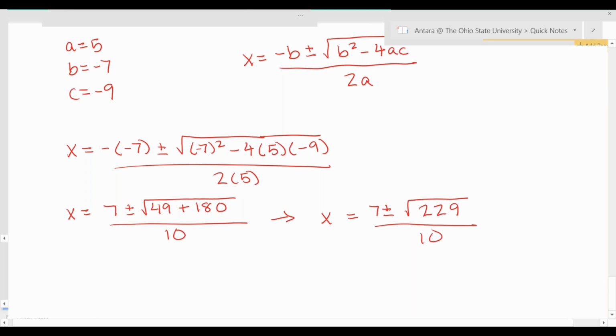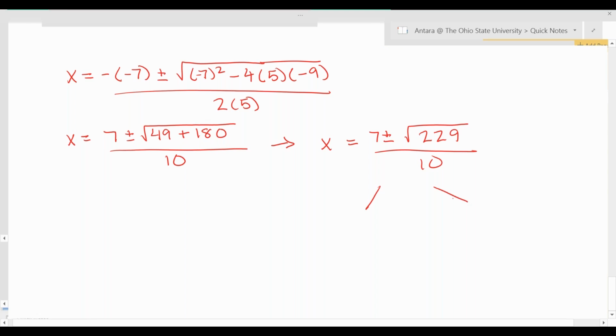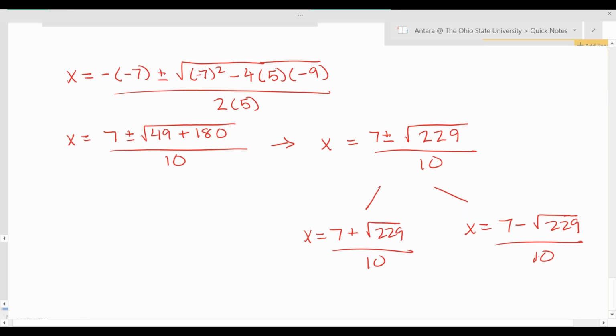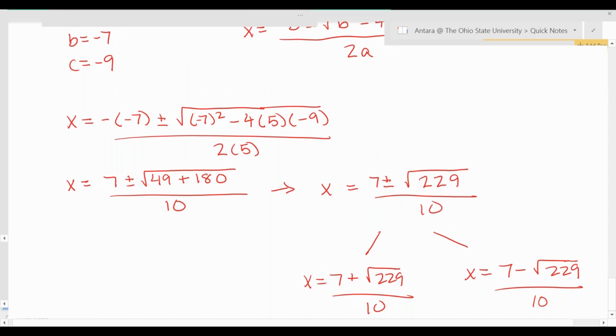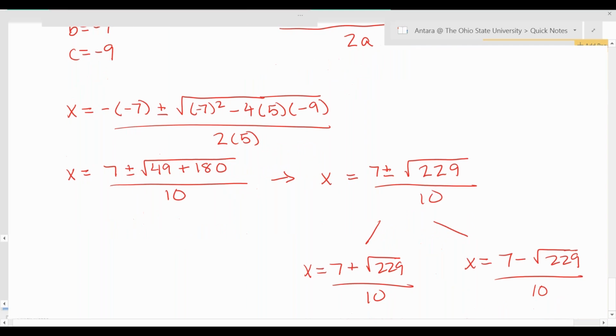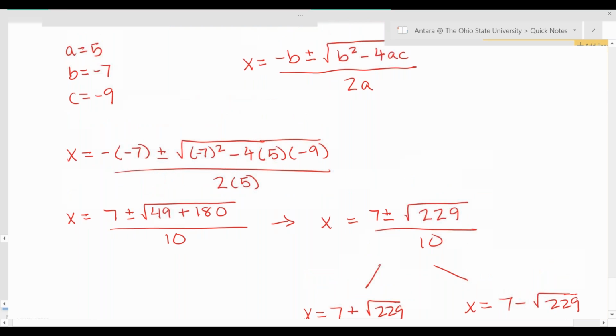This again gives us two solutions: x equals 7 plus square root of 229 over 10 and x equals 7 minus square root of 229 over 10. So this is basically how to use these coefficients in the quadratic formula to get your solutions for x.